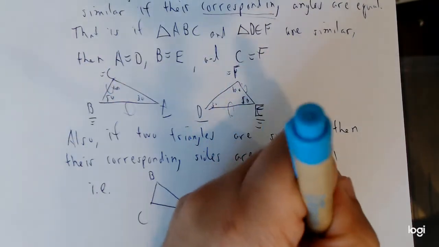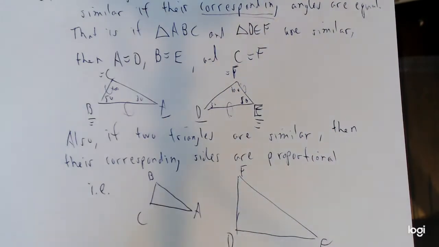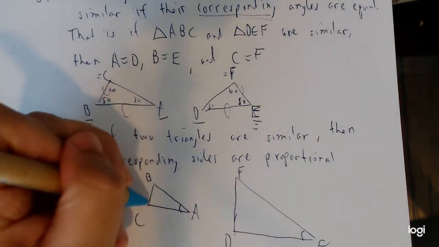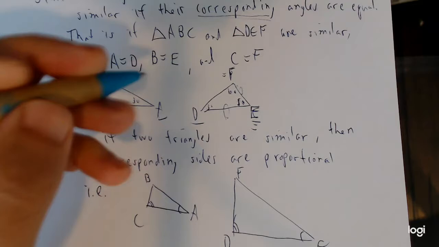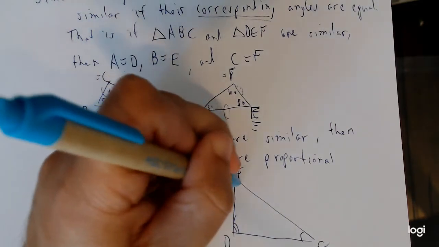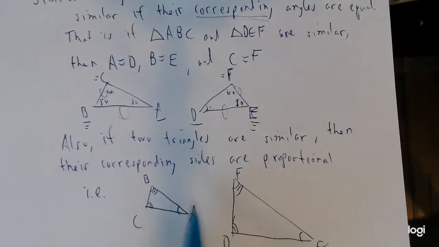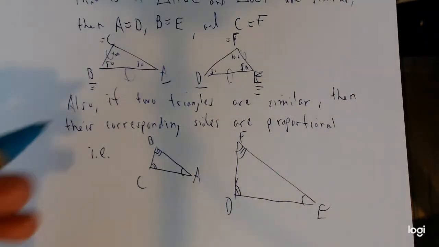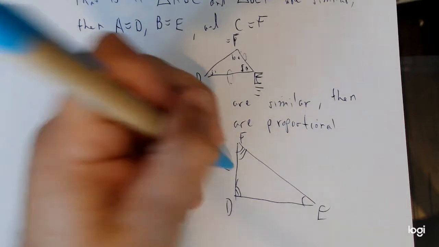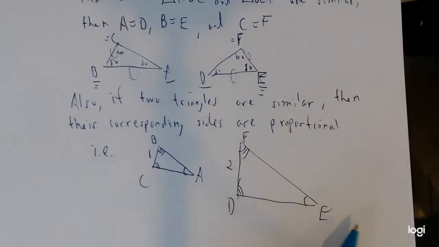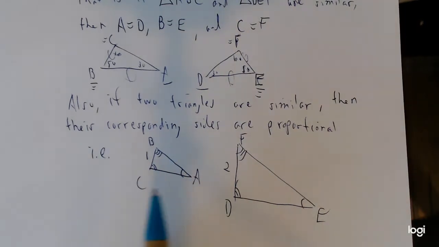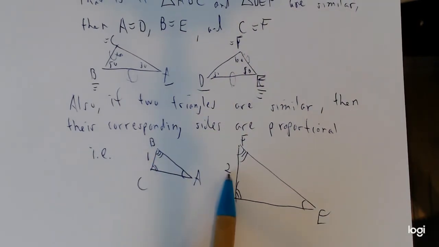This is D, E, and F. Let's pretend that they're similar, and let's assume that A and E are the same, C and D are the same, and B and F are the same. So those angles are all corresponding to one another. This is 1, this is 2. Now look at what the proportion is. It doesn't matter what order we divide them in. You could say 1 divided by 2 or 2 divided by 1. But let's go this way. 1 divided by 2, that's 1/2.